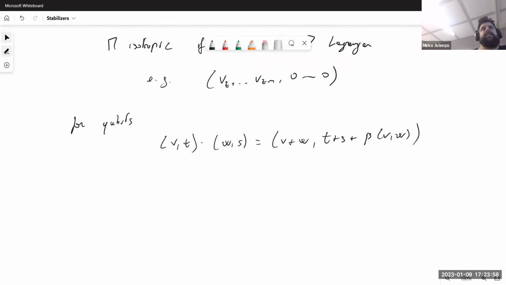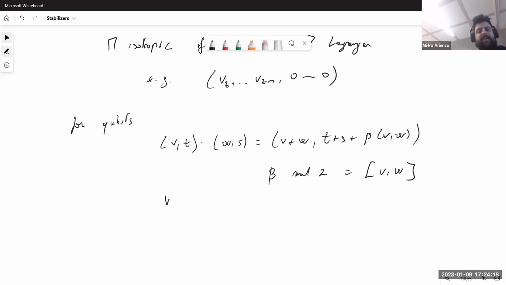And now the thing is that one can play with the properties of this beta. Because we say that beta mod 2 is just BW, right?